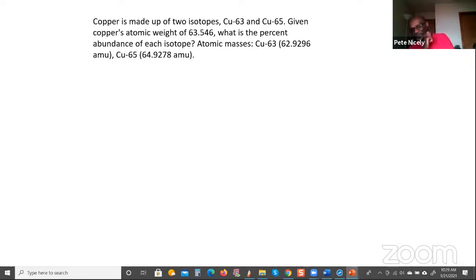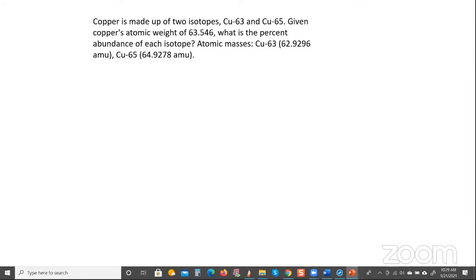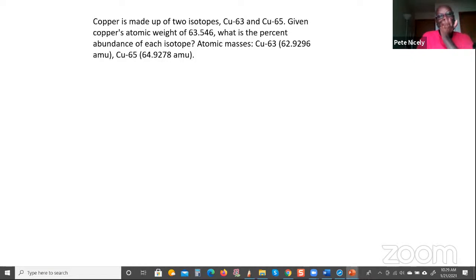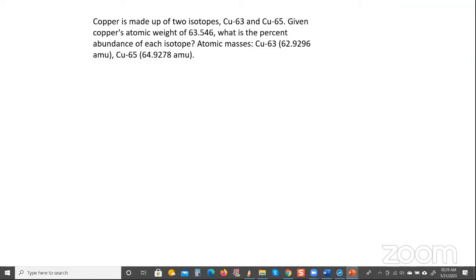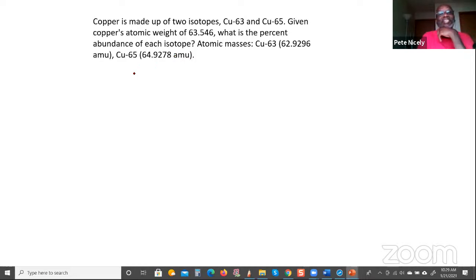Any ideas? Well, I was going to say it would just be like doing it backwards, I guess. Because for the last one, we added the two AMUs to find the atomic weights. Okay, good. All right. So you're onto something here, at least at the start, right? You're saying you're working backwards.